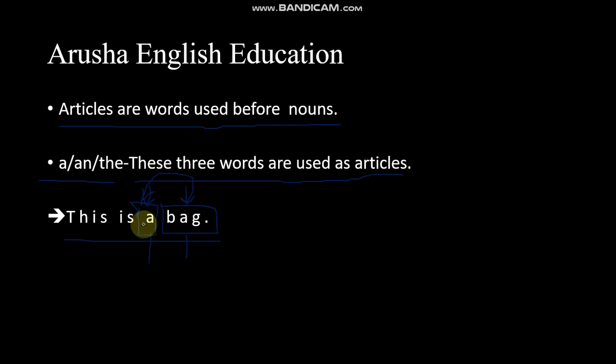Okay, now we have to discuss why we have used a from A, An and The. Why we haven't used an or the in this sentence. The same thing we will discuss later in this lecture.